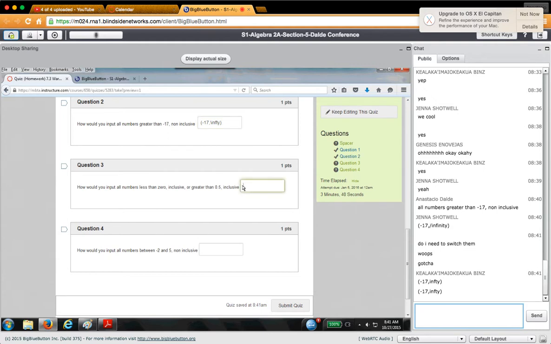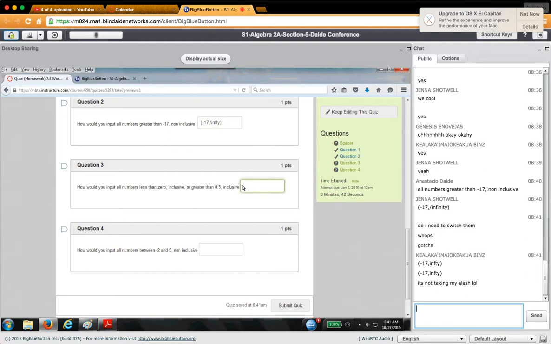Let's do all numbers less than 0 inclusive or greater than 0.5. So, yeah, I'll help you out with this one. Less than 0, that would look like this. From negative slash INFTY to 0 inclusive. So bracket, got it?